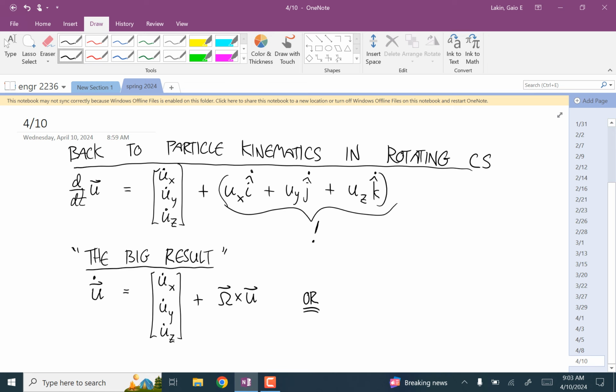Or equivalently, depending on what form you have this stuff in, you can write it as u dot is equal to what the coordinate system camera sees as u dot, plus this stuff that the camera can't see that you can calculate that way, okay?